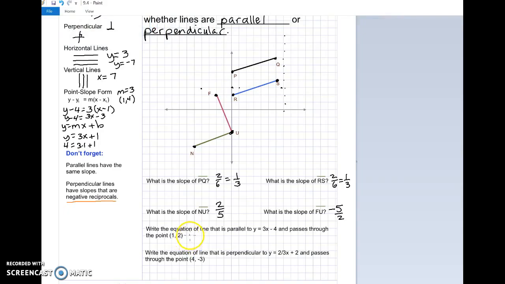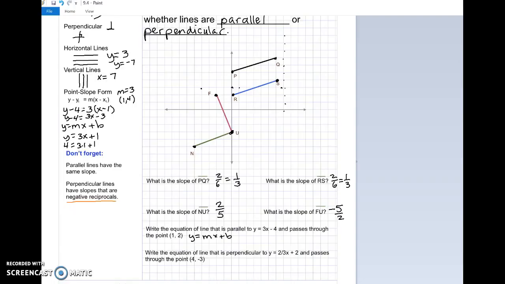I'm going to write here y equals mx plus b, so that we know that we're going to have to find the slope of this line. So tell me, what is the slope of y equals 3x minus 4? The slope is 3. So that means our new line is going to have a slope of 3.